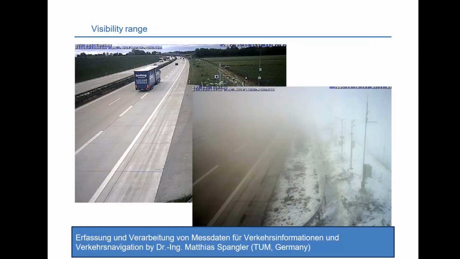Okay. So if we are trying to understand the visibility range, it is the maximum distance from which an observer can see. For example, this is observer 1 and this is observer 2. So what is visibility range?